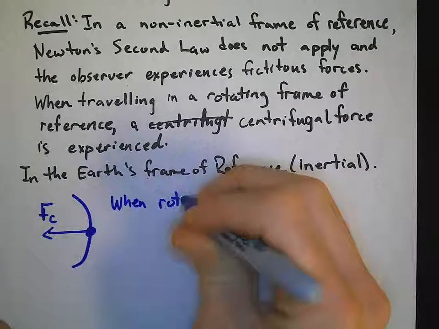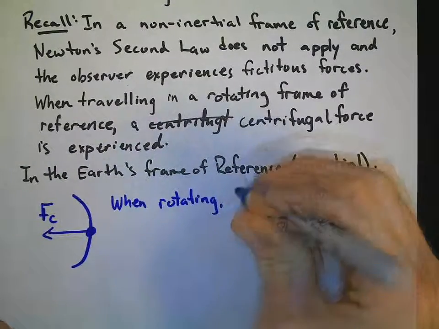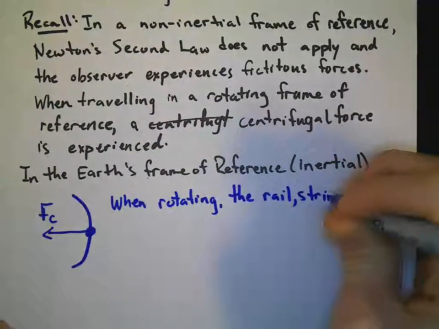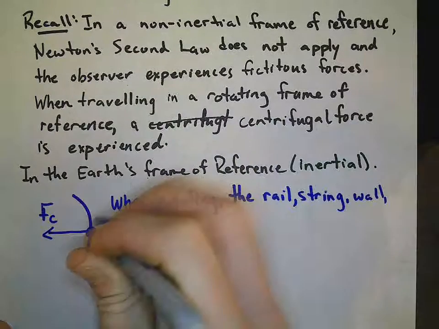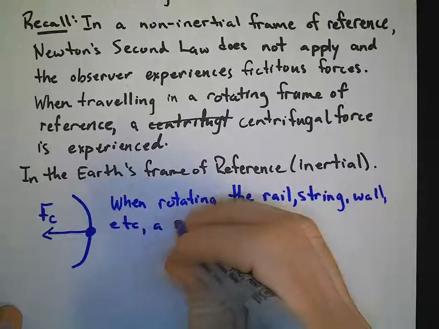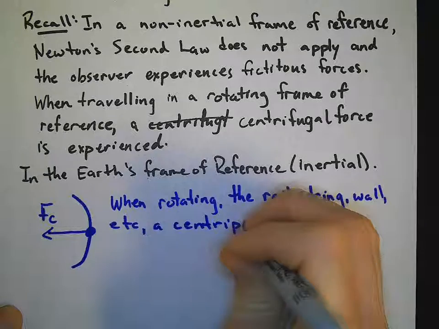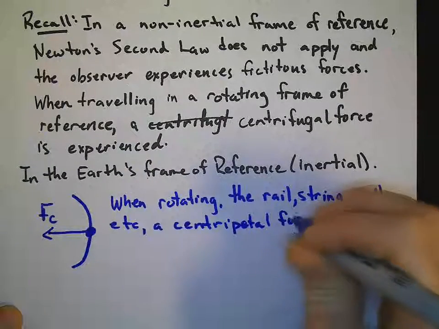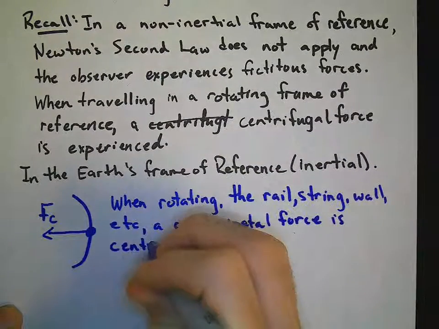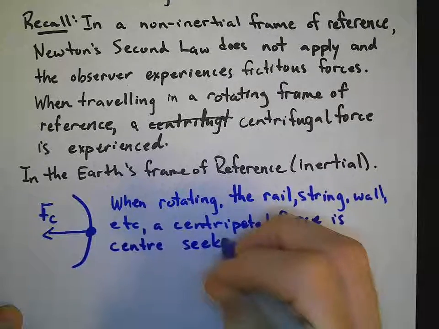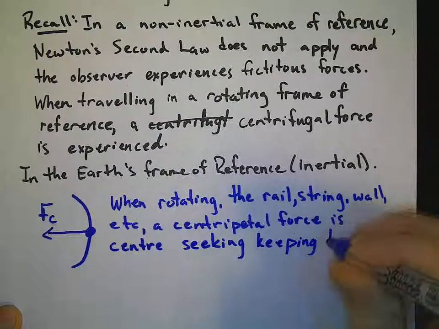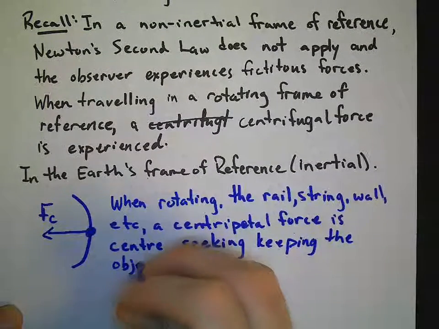So when rotating, if we have something like, let's say, the rail, string, wall, whatever is the outside of that circular motion, a centripetal force is center-seeking, keeping the object in a circular path.